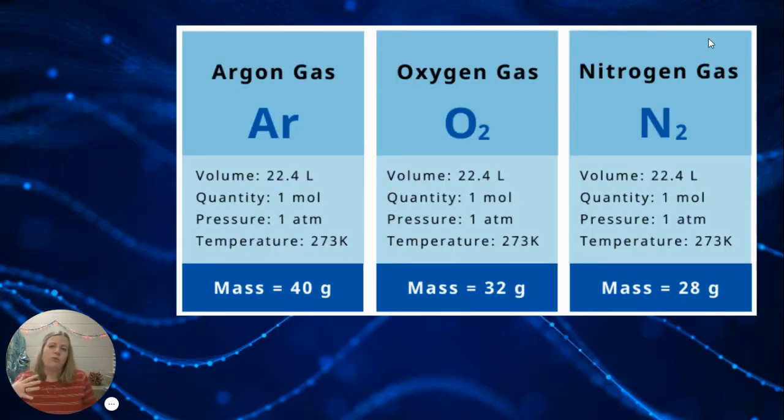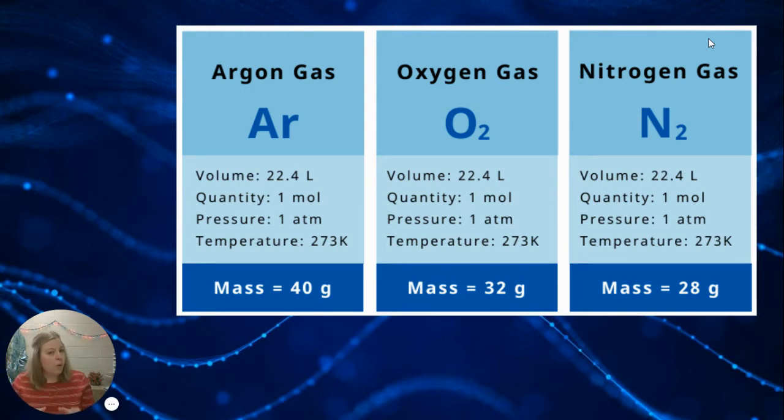If we take a look at standard temperature and pressure, which is STP, and I have a mole of, let's say, argon, a mole of oxygen, and a mole of nitrogen, all of them at STP, so that's 273 Kelvin and 1 atmosphere of pressure, should all occupy the same volume.